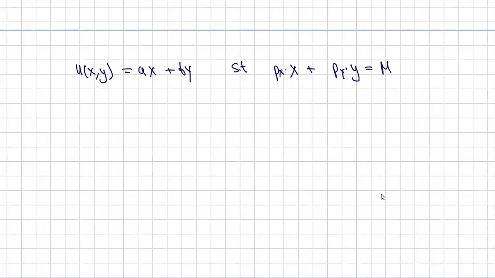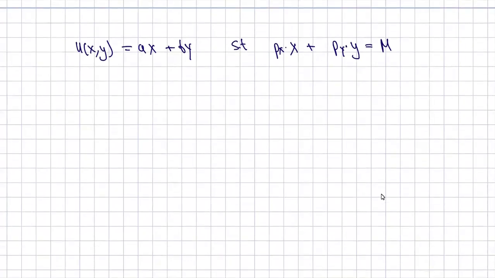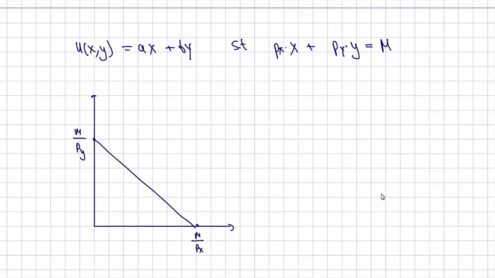The other way to visualize this is to plot the budget constraint. If I spend all my money on y, I get M over Py. If I spend all my money on x, I get M over Px. Connecting these gives a negative slope, as we've done in a previous video, minus Px over Py. Now think about the indifference curve, ax plus by equal to some constant c.